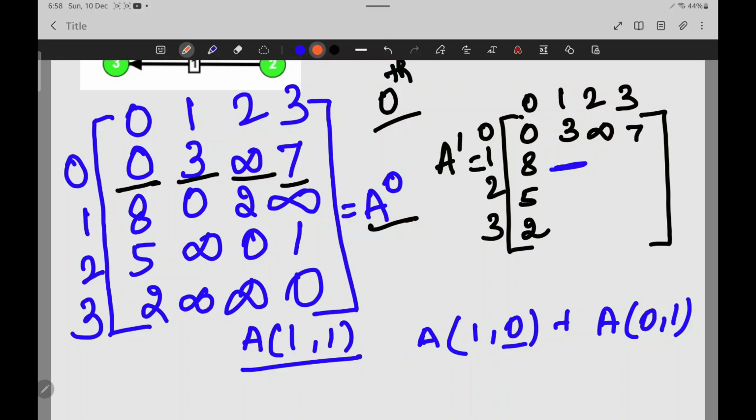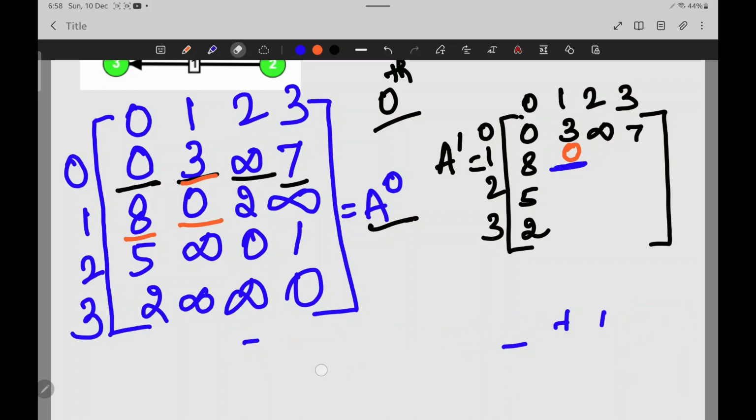What is the value of 1, 1? It is 0. We compare whether this is less than or greater than 1, 0, which is 8, plus 0, 1, which is 3. Definitely the previous value 0 is the minimum value, and therefore we replace it with the same value. We are not going to change any value, because we need to find the minimum cost.